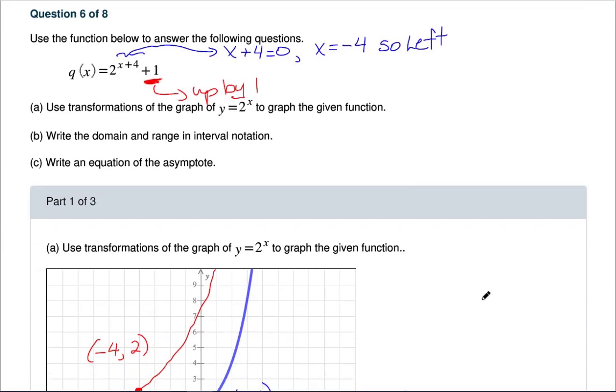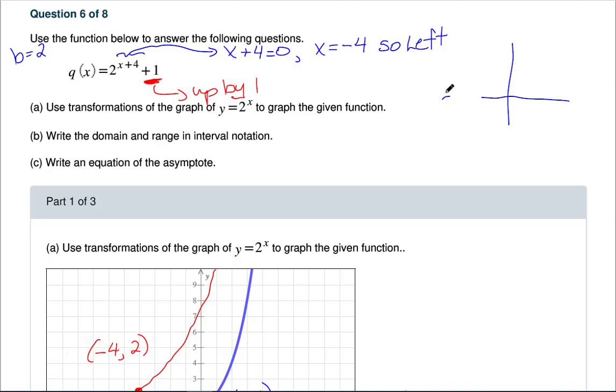All right, question 6 here. We have 2 to the x plus 4 plus 1. All right, so a couple of things. What's b? Well, b here is 2, and so we know its basic shape is going to look like 2 to the x.